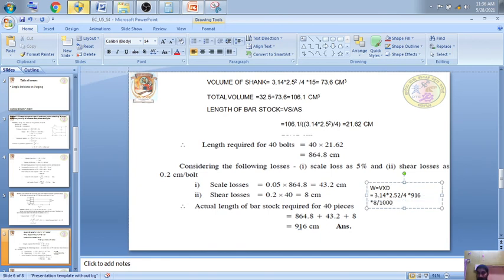That will give you the weight of the 40 bolts. So we will calculate it here.